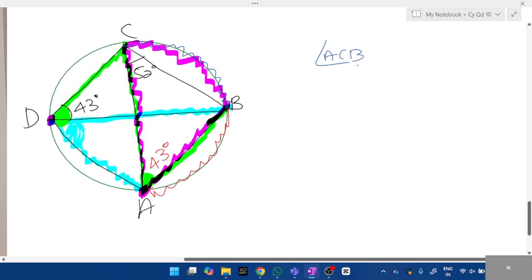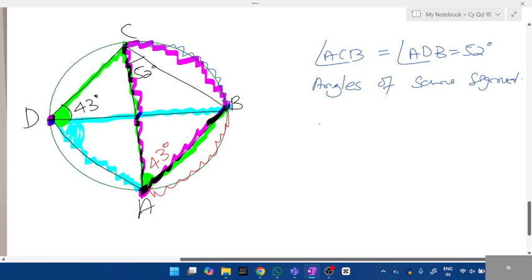See, angle ACB, angle A is 52 degrees, AB is the arc. On the same arc, angle ADB is formed, 52 degrees. You have to write the statement. Reason is angles of same segment. Next, take angle BDC.